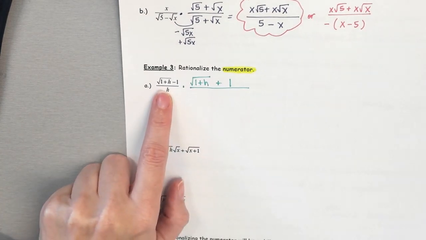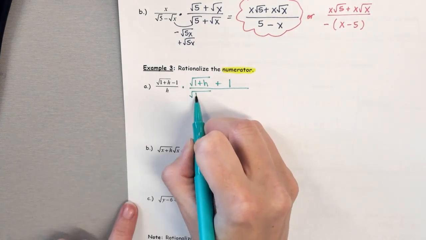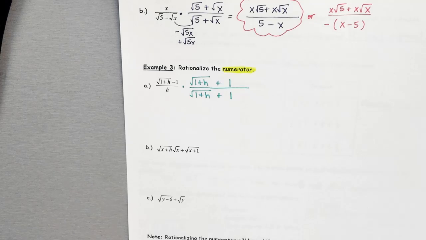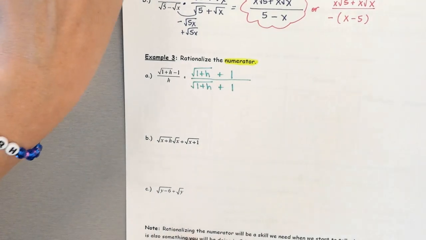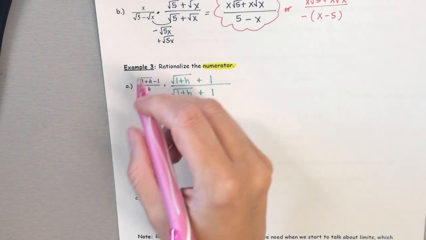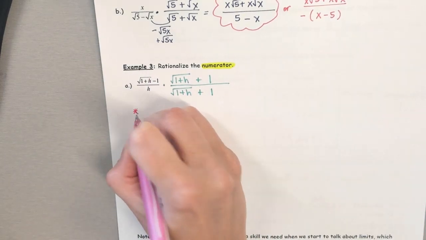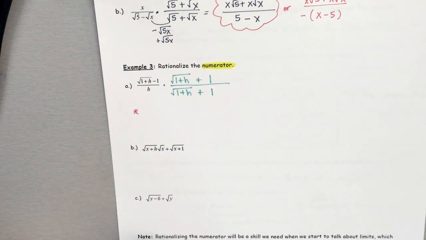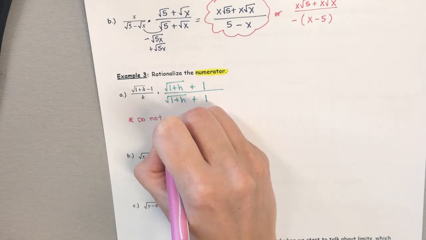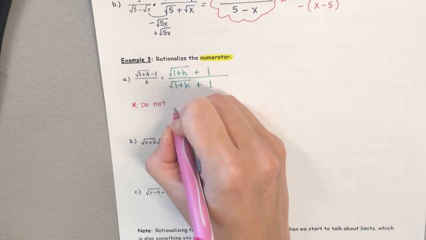So the radical stays the exact same. Okay, and then one little hint, because when we're doing this, something special is going to happen. Like I said, this is going to relate to other things we are doing down the road. We are not going to distribute.